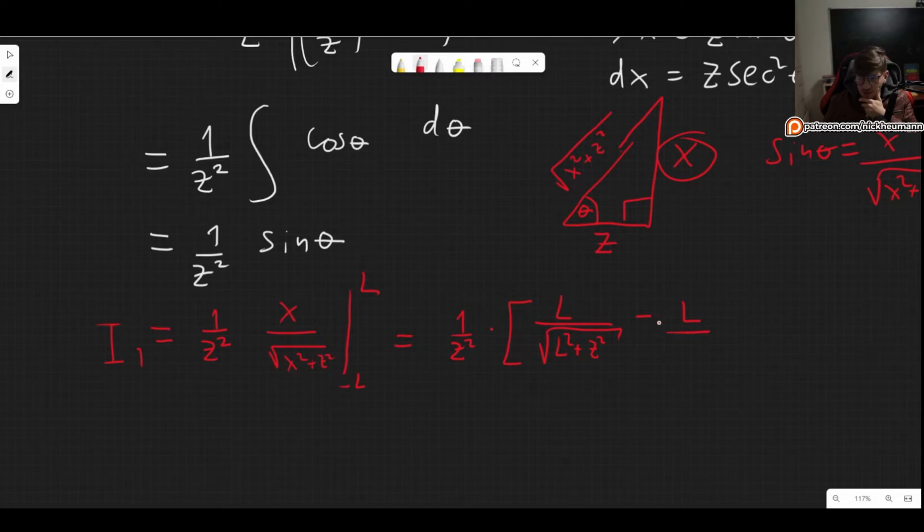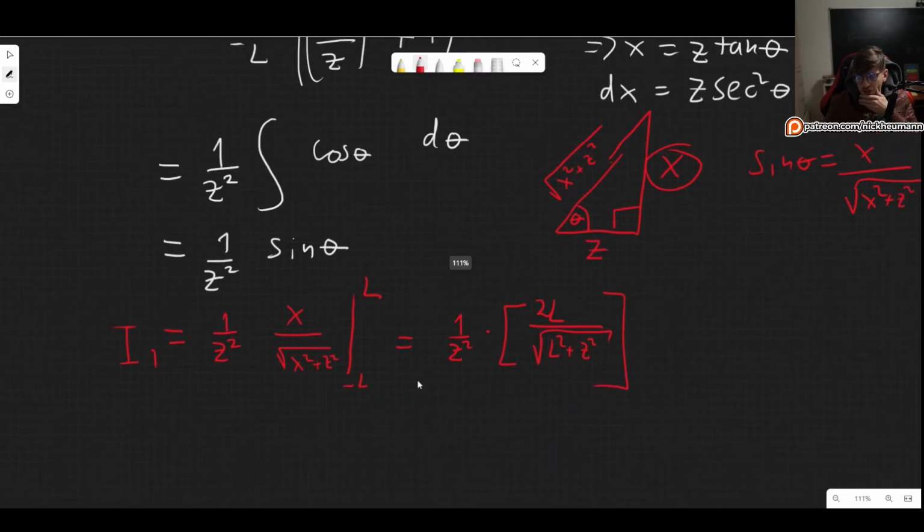Now I'm doing this minus L divided by the square root of L squared plus z squared. So minus minus gives us positive, and we end up with a plus here. So we end up with 2 times L.